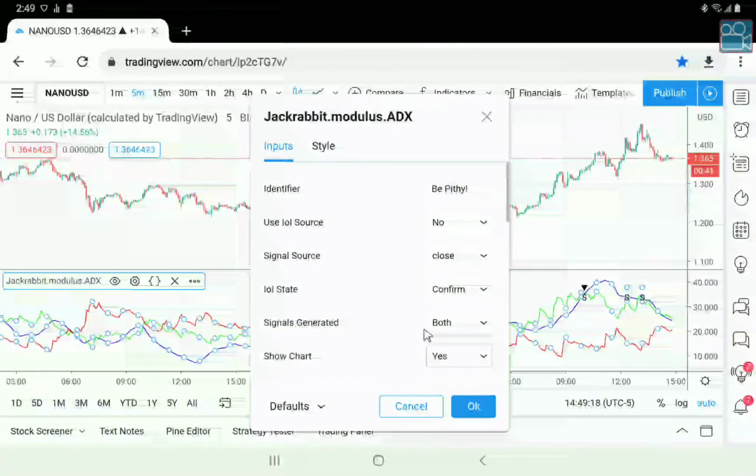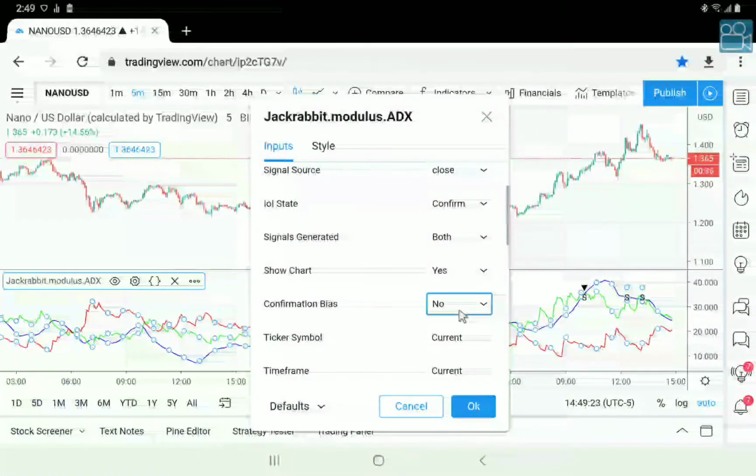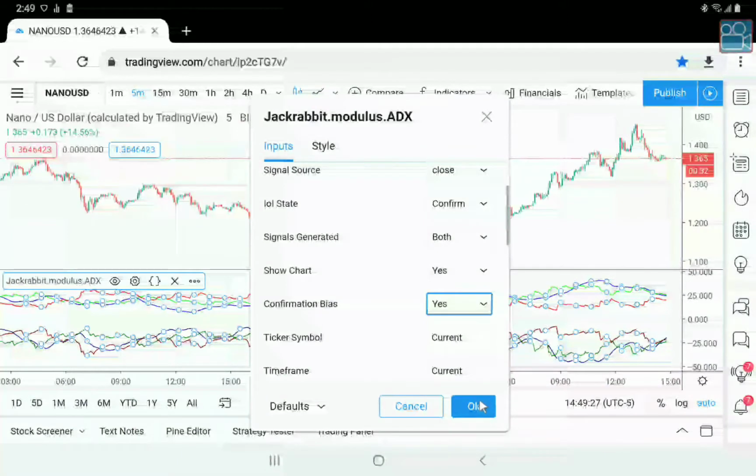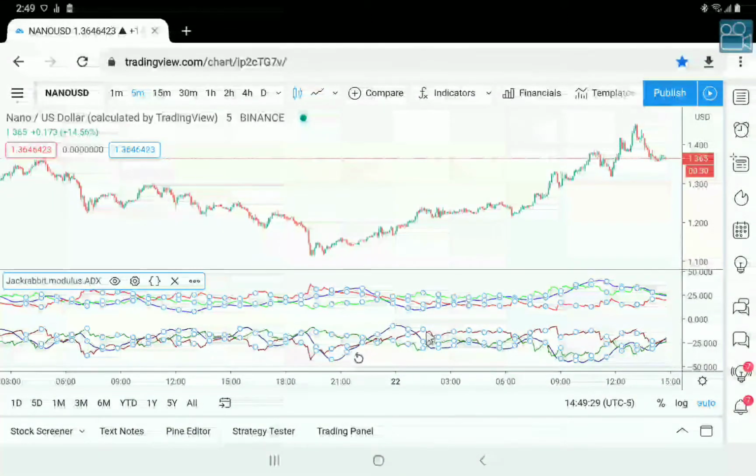Let's come up here and find confirmation bias and turn it on. Confirmation bias shows up as the lower portion or below 0. So you actually see both indicators at once.